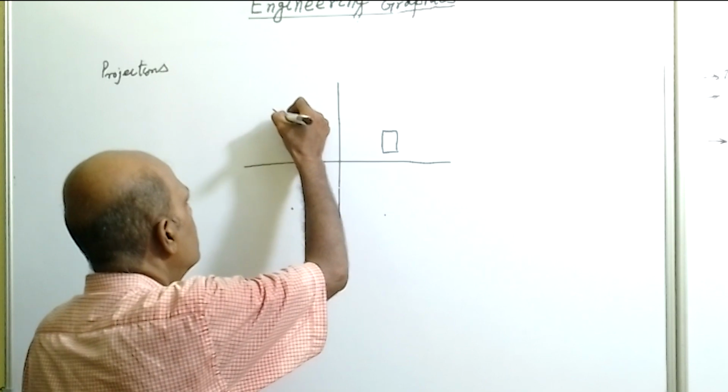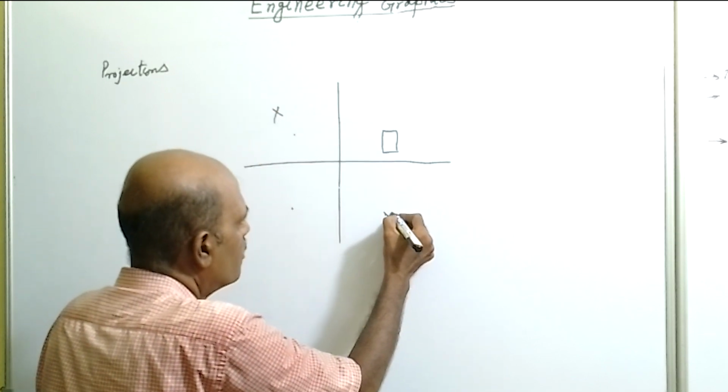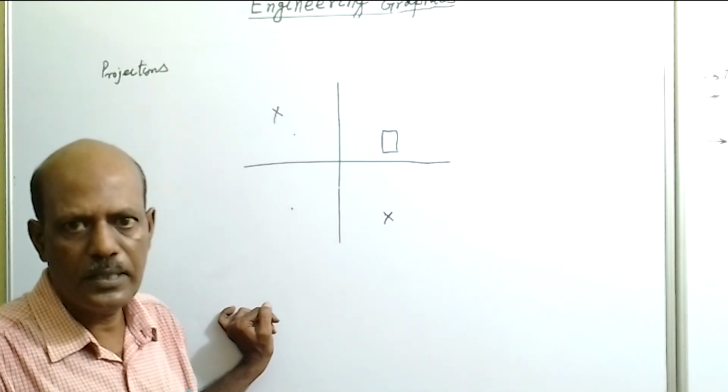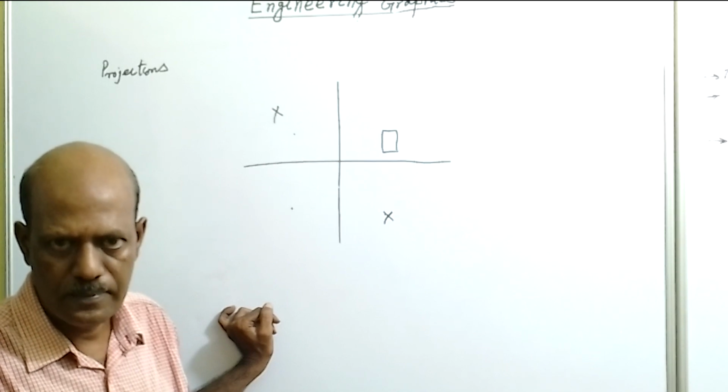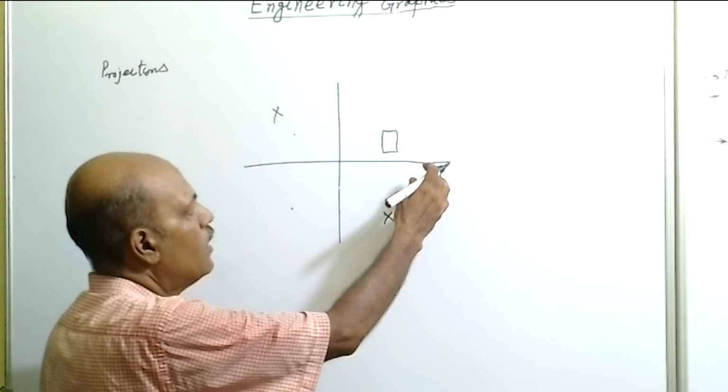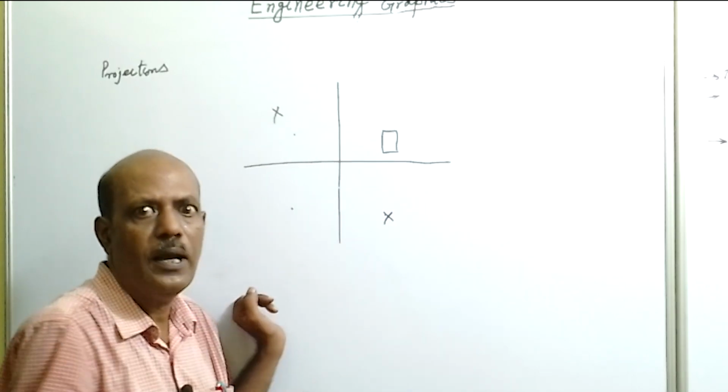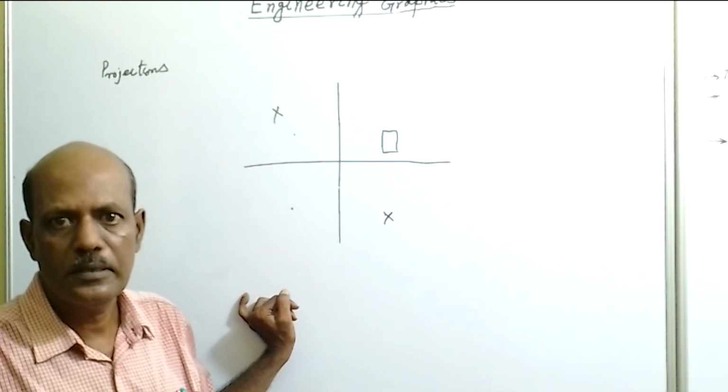But the second quadrant and fourth quadrant are not used for drawing the projections because the different views will overlap with each other.